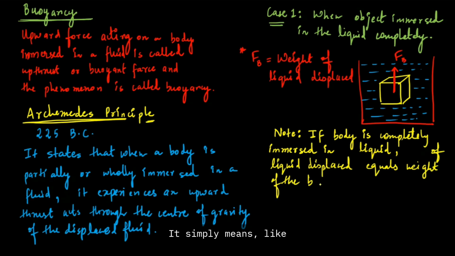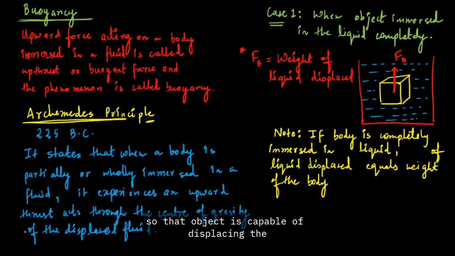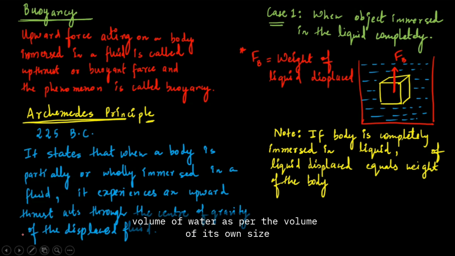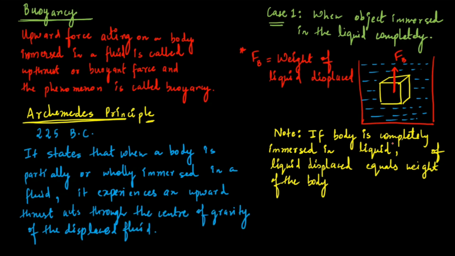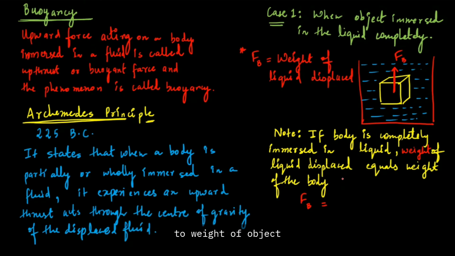What does it mean? It simply means that if you put an object into a liquid container, that object is capable of displacing a volume of water as per the volume of its own size. So here FB is equal to the weight of liquid displaced, and that is equal to the weight of the object.